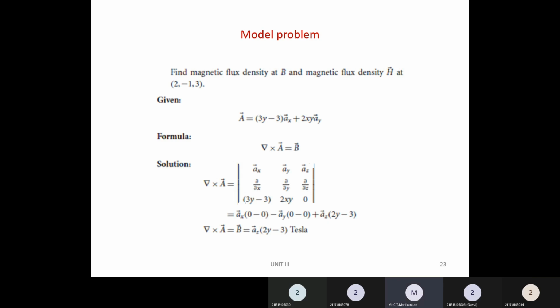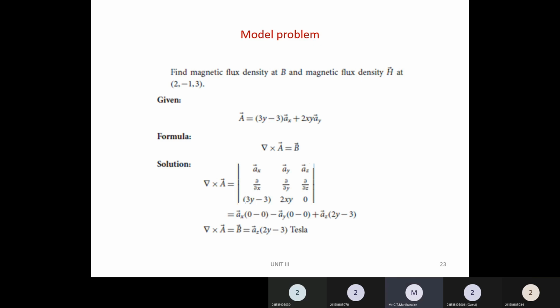We know the formula. If you want to calculate magnetic flux density, B is equal to del cross A. So that means you have to take the curl of the vector.